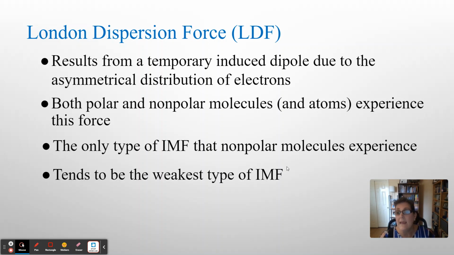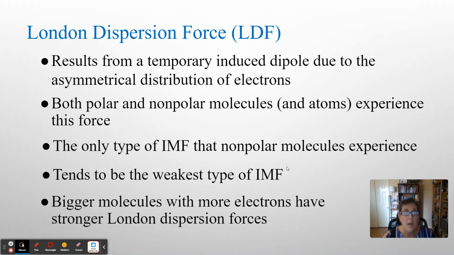It is the weakest type of intermolecular force also. Notice that the more electrons you have, the stronger the London dispersion force can be. So bigger molecules will have more London force than a little bitty molecule, like hydrogen. H2 doesn't have a lot of London dispersion force because it doesn't have a lot of electrons.